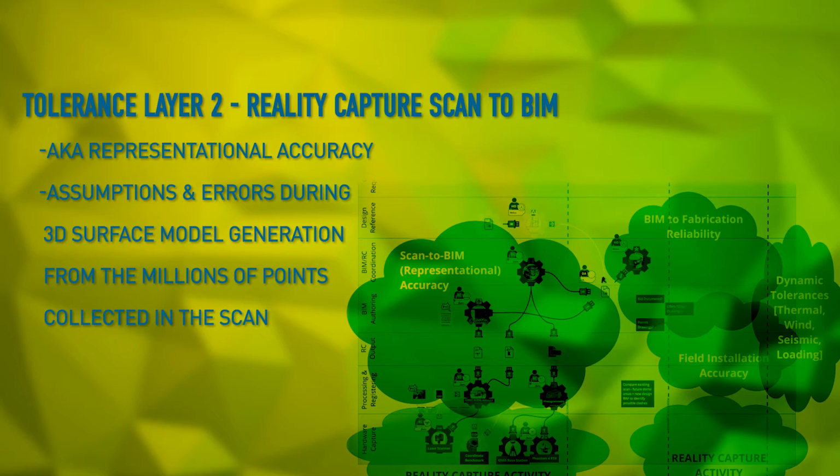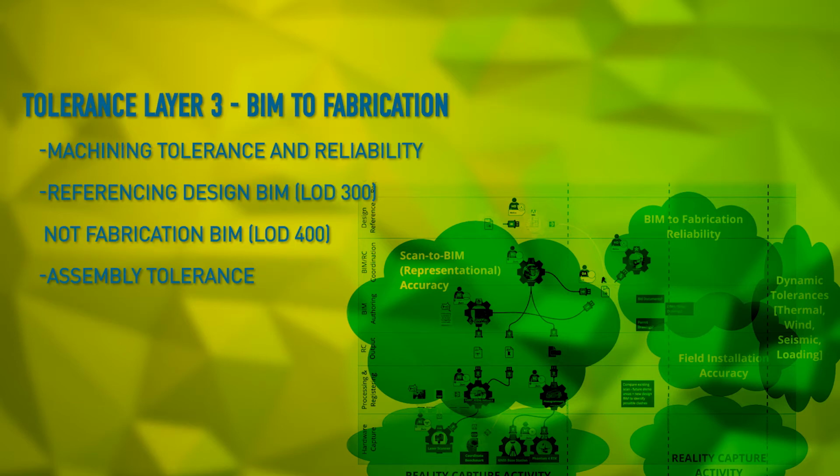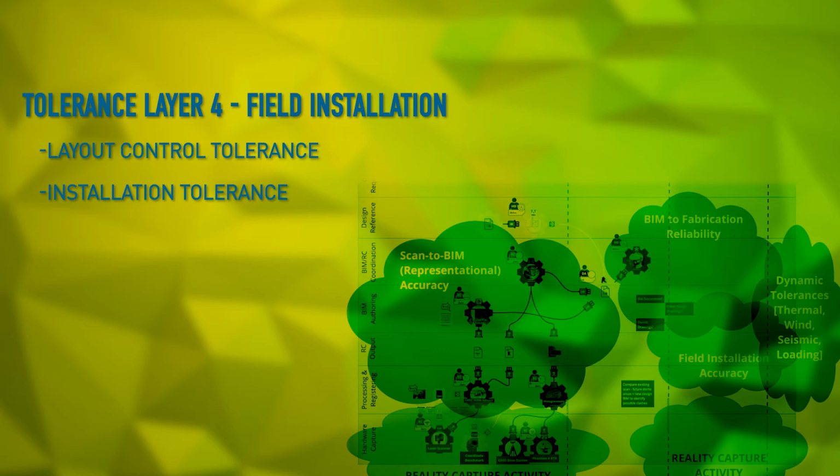Then you've got your conversion from that 3D model, which doesn't have to be BIM, could be CAD, to the actual fabrication, if it's being fabricated offsite. Fabrication and installation tolerances are wrapped up together if you're doing on-site fabrication, like cast-in-place concrete. If you've done prefab, though, you get on site and you've got field installation tolerances as well.